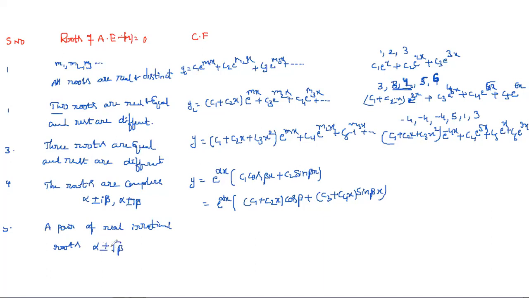Without having an imaginary part, if you are getting roots like this, how do we write? Don't confuse complex and irrational. So y = e^(αx) (C1 cosh √β x + C2 sinh √β x).